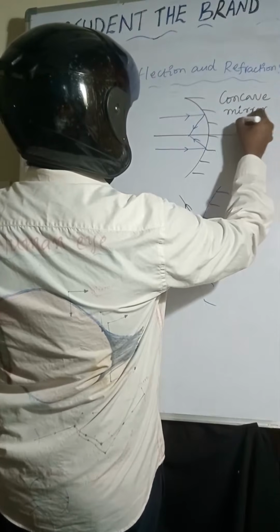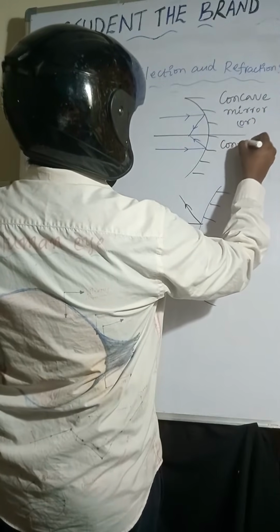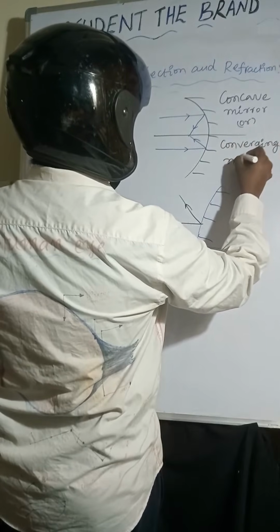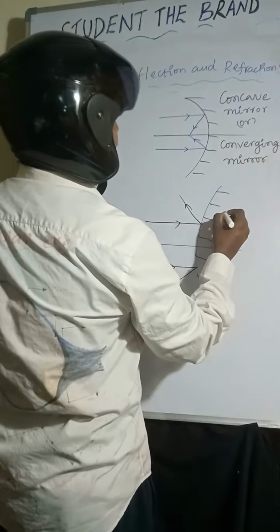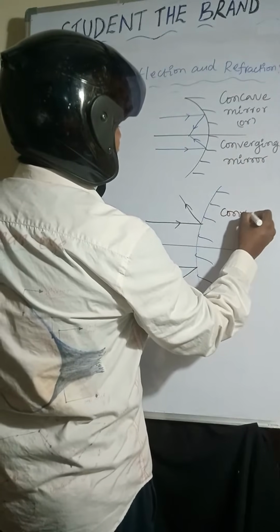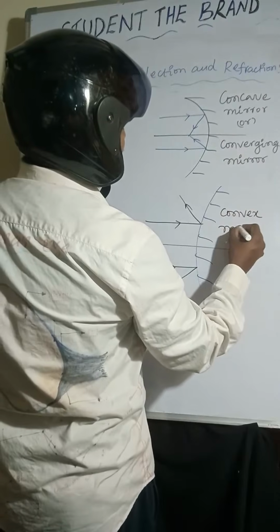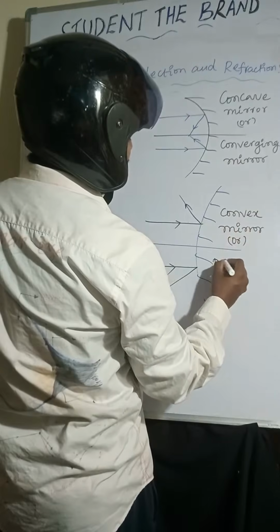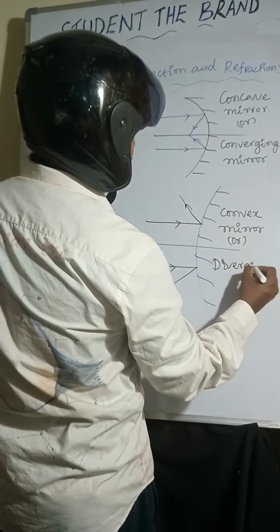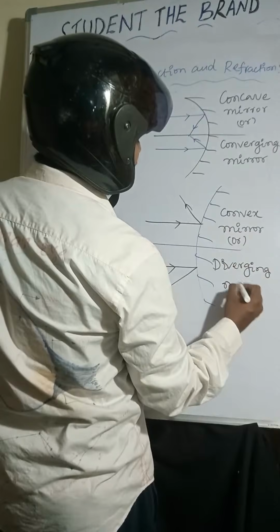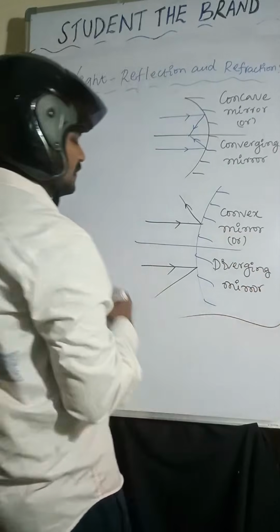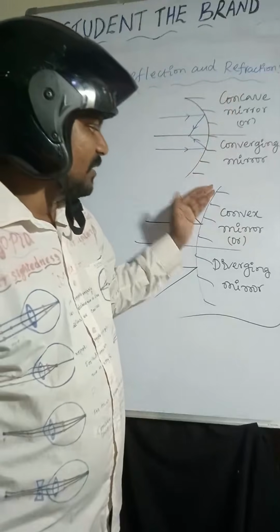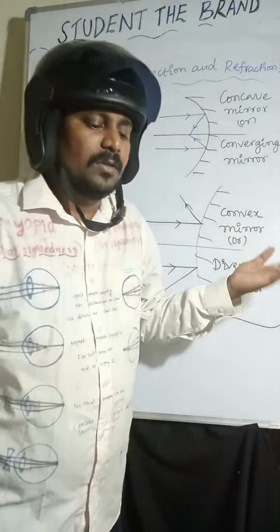Concave mirror, converging mirror; convex mirror, diverging mirror. Concave mirror is known as converging mirror, whereas convex mirror is known as diverging mirror. I hope you're clear with that.